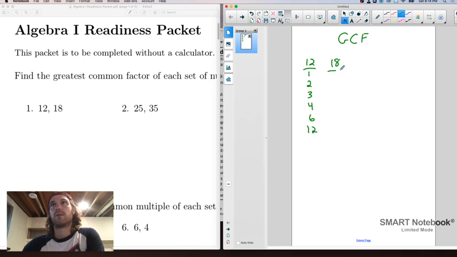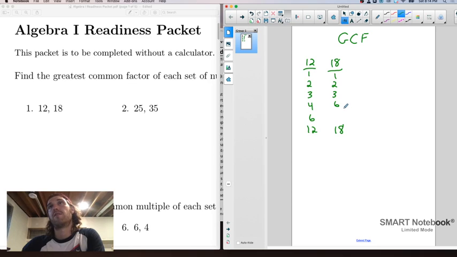Let's do 18. 18 is divisible by 1, and it's divisible by itself. What are the numbers in between? It's even, so it's divisible by 2. Can it be divided into 3 groups? Well, yes. Divided by 3 would be 6, so that works. Not divisible by 4. Not divisible by 5. It is divisible by 6.